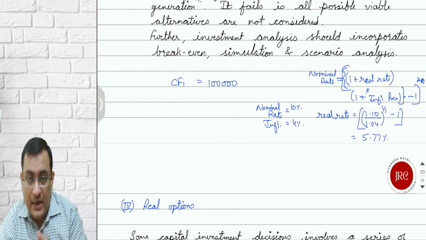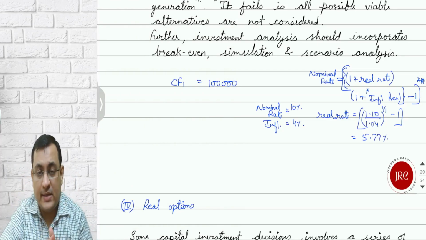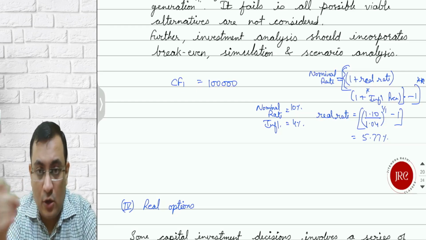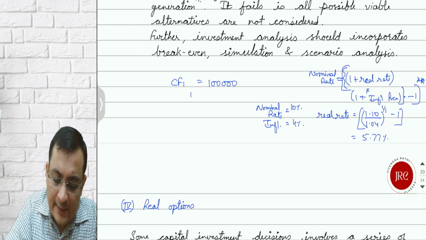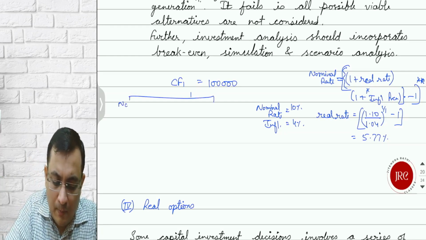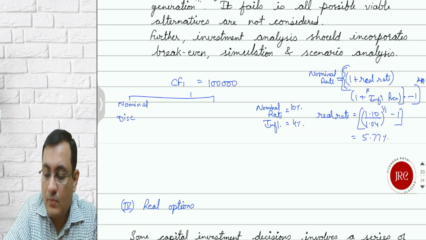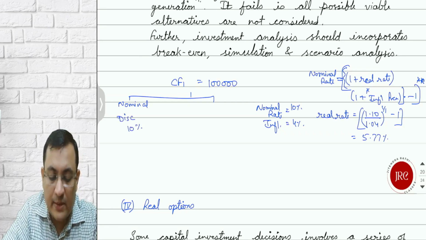So if this 1 lakh is at today's prices, it should be discounted at 5.77%, and if it is a nominal value, it should be discounted at 10%, the nominal rate.